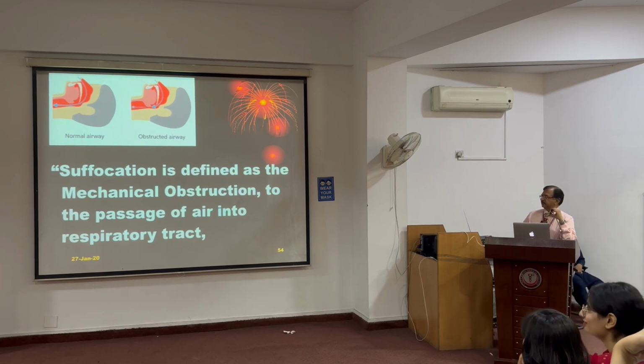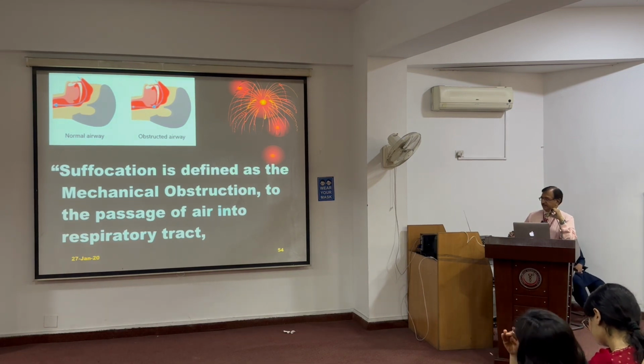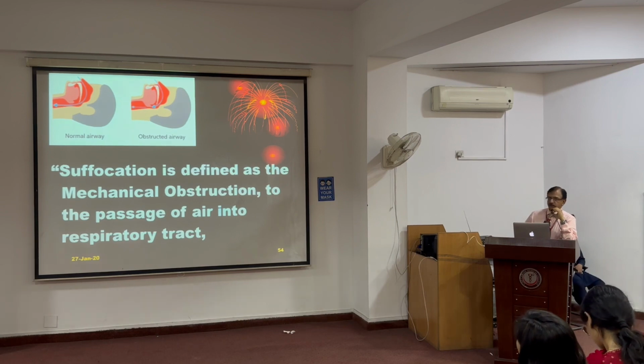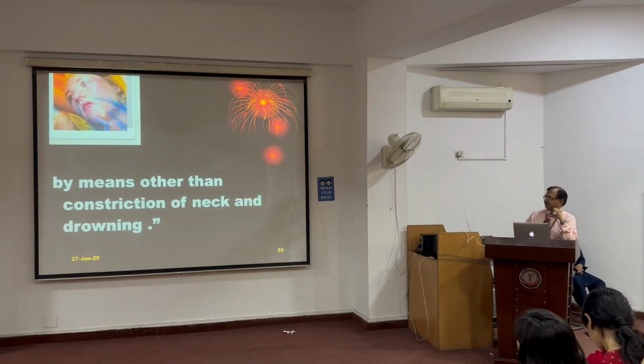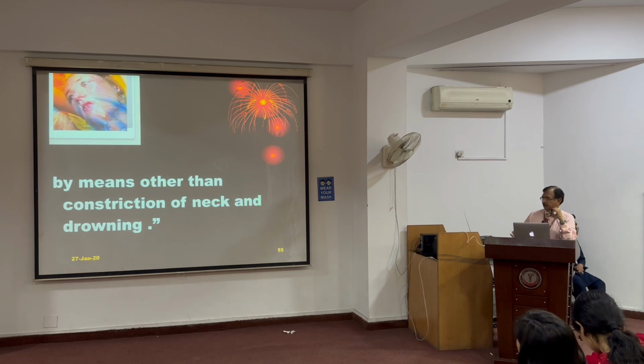Suffocation is mechanical interference to the entry of air into the respiratory passages at the level of mouth and nose, or the respiratory orifices, other than constriction of neck and drowning.